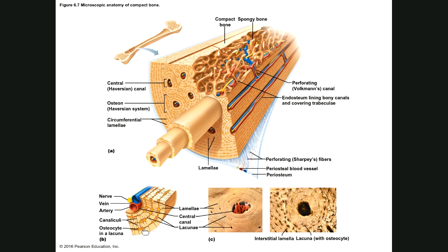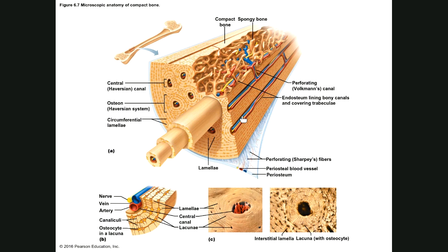Now, what we'll see in the lamellae, remember the rings around the central canal, these lamellae are going to contain our lacunae, and remember that those little lacunae are containing osteocytes.